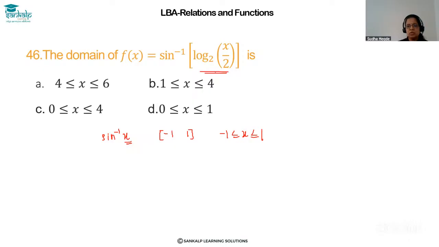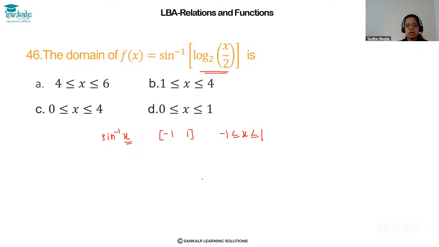So this value must lie between -1 and 1. Domain of sine inverse x is -1 to 1. That implies -1 less than or equal to x less than or equal to 1. Domain means the value you are putting in.